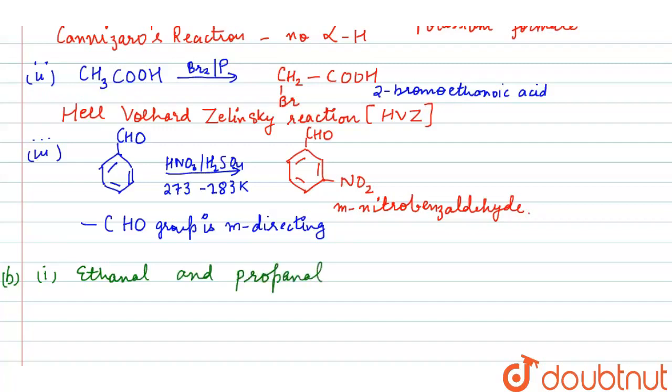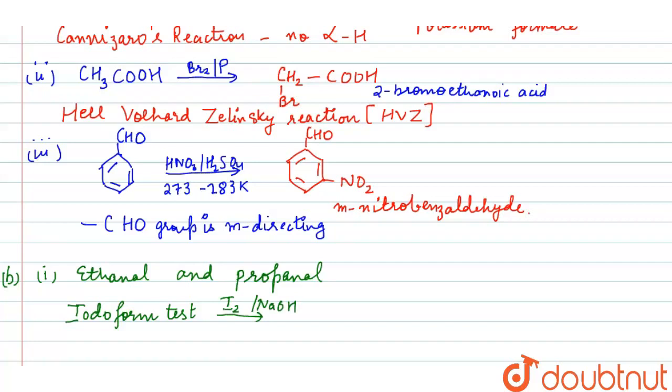Both ethanal and propanal belong to the aldehyde group. But if we talk about the tests here, ethanal will give the iodoform test, which is done in the presence of iodine and NaOH.